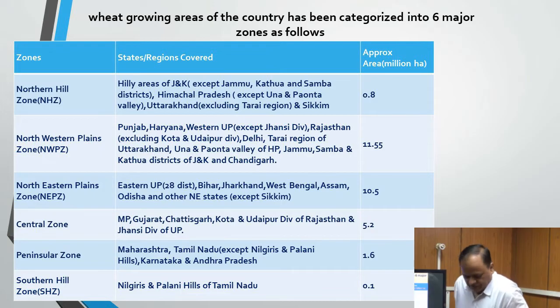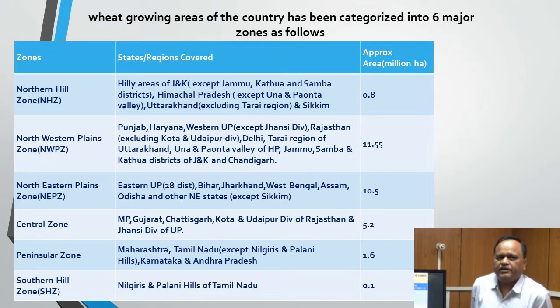It contributes about 10.5 million hectares. So after the northwestern plain zone, the northeastern plain zone is the second most important in area and in contribution to wheat production.